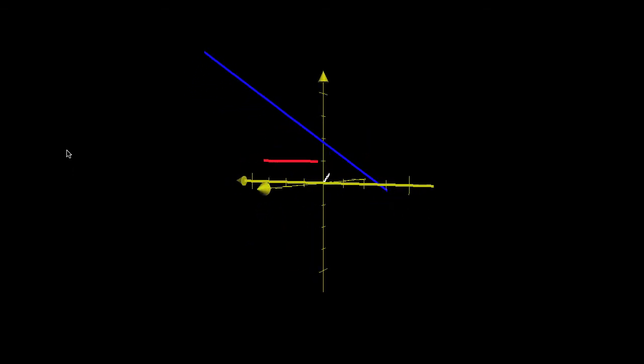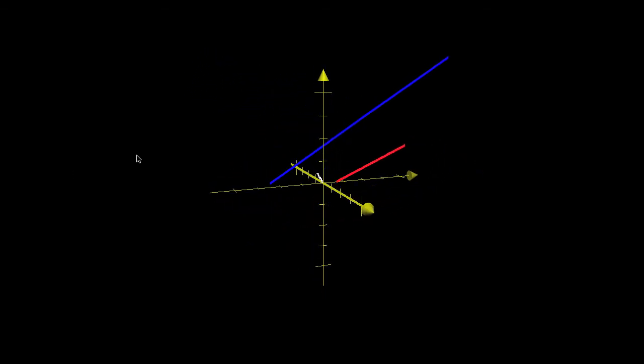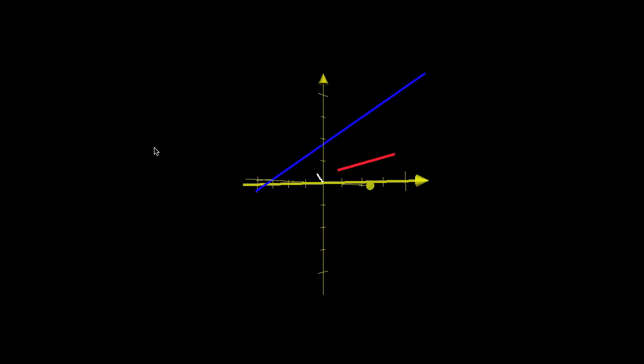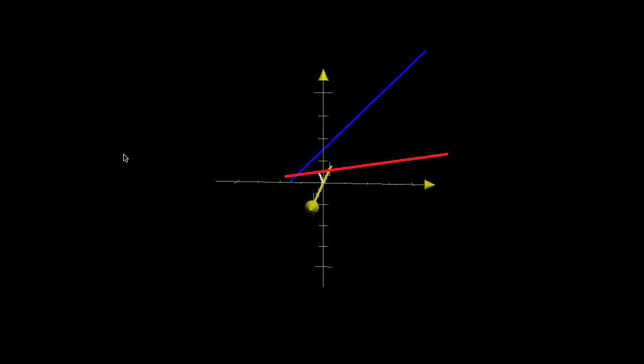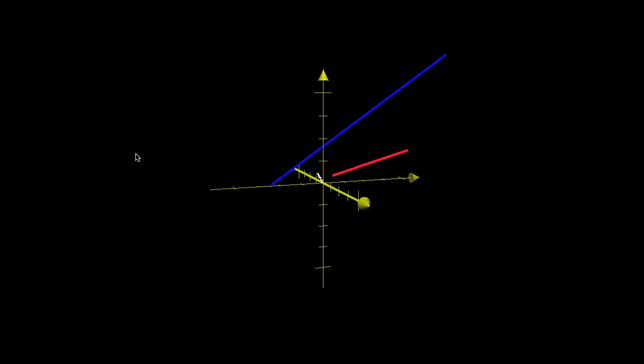See that vector in white? That is a unit vector which is perpendicular to both the red line and the blue line, which I found by using the cross product. Now suppose that I have any point on the blue line and the red line, any point whatsoever.